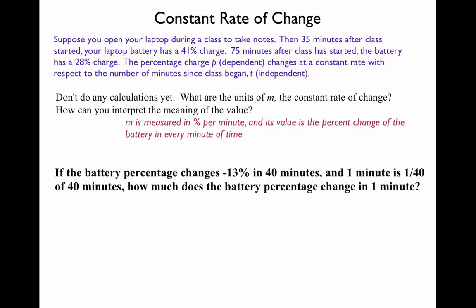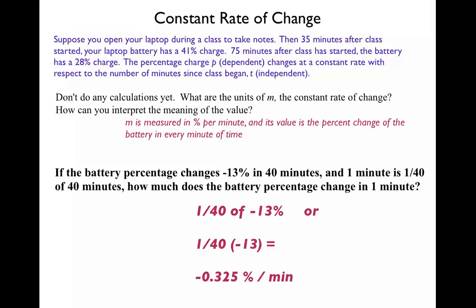So what are we going to do to the percent to get how much the percent changes in 1 minute? 1/40th of that also, right? If we're taking 1/40th of 40 for 1 minute, then we're going to take 1/40th of negative 13% to get how much the percent changes in a minute. Which ends up being negative 0.325% per minute.